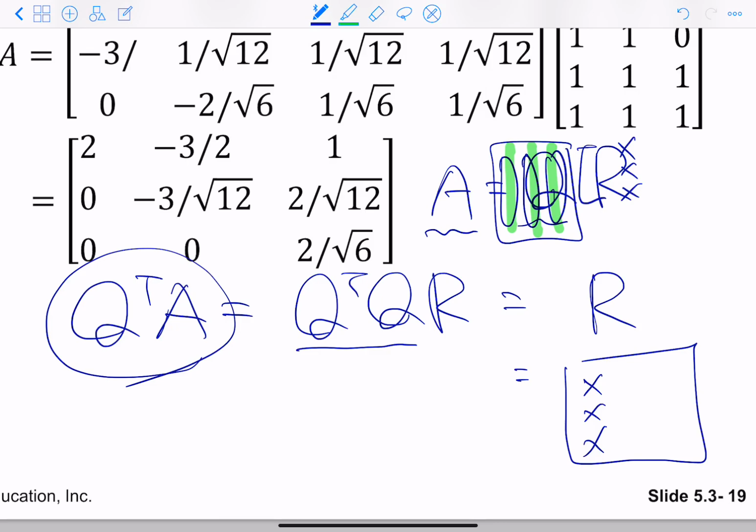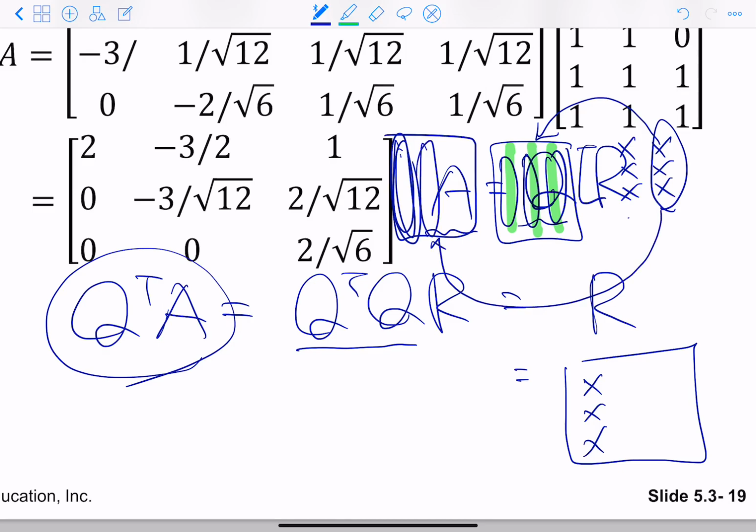Okay, and then what does it form? It will form the first column of A, right? And then the second column of R will work as linear combination coefficients to form the second column, right? And then if this vector is already inside the span of these 3 orthonormal basis vectors, how can we obtain these 3 linear combination coefficients?